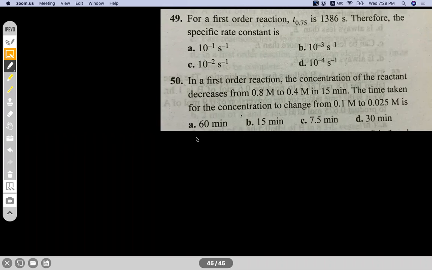T.75 means 3/4 of the reaction has been completed, right? 3/4.